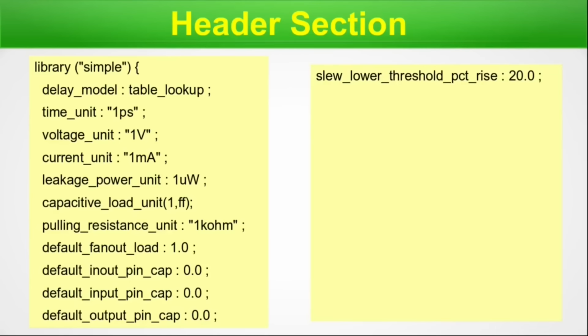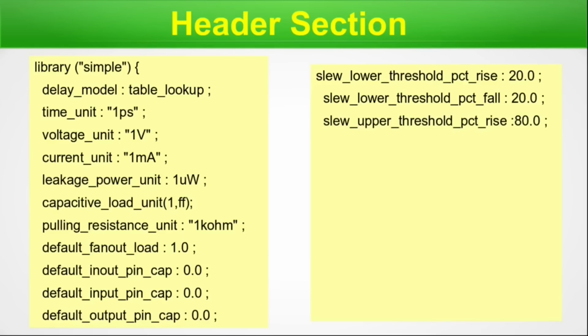Slew lower threshold PCT rise 20.0, slew lower threshold PCT fall 20.0, slew upper threshold PCT rise 80.0, slew upper threshold PCT fall 80.0. So here in these 4 lines we have just explained the thresholds, that is 20, 80 in the slew.